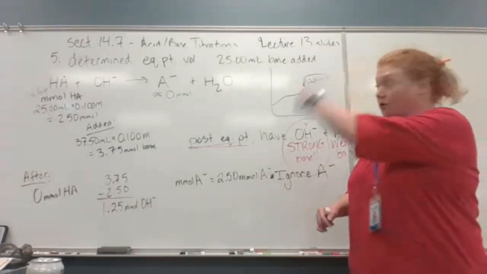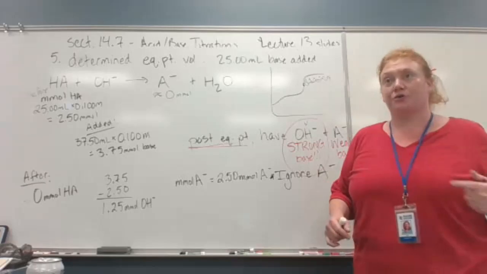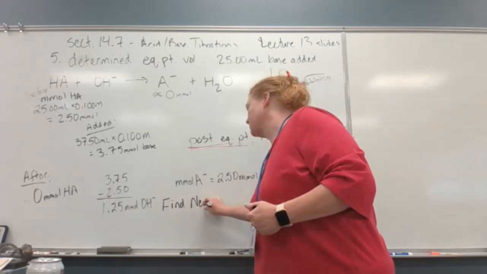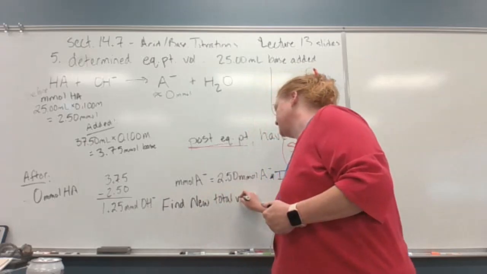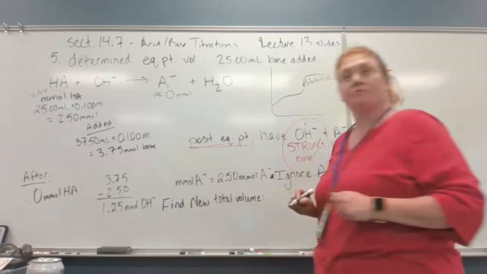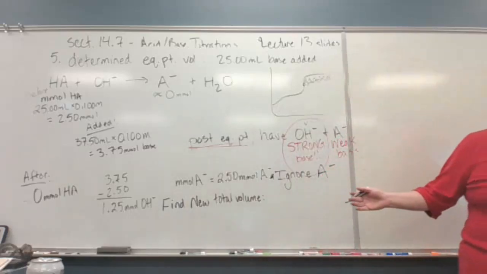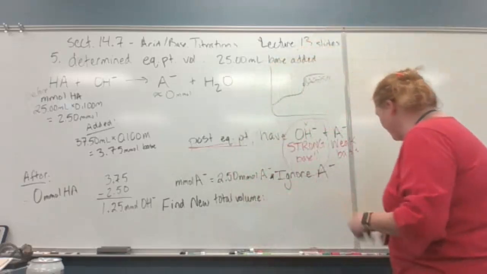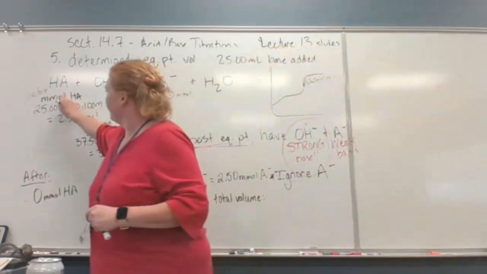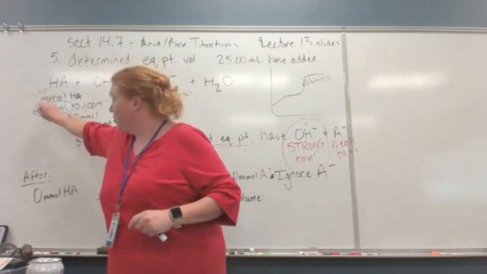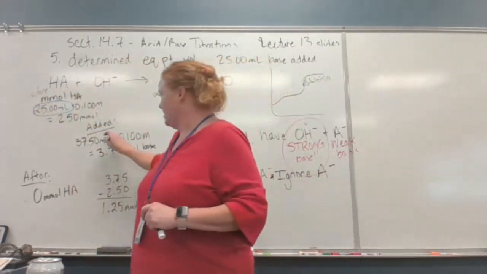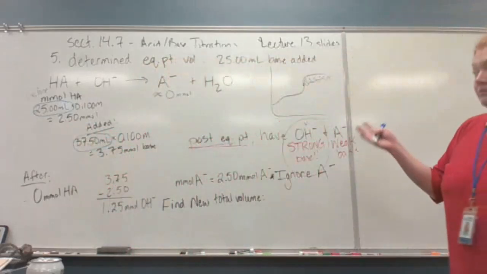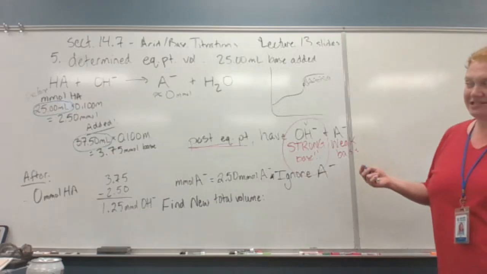So this post-equivalence problem is going to require you to find the new total volume, which is what for this problem? What are the two amounts that I added together in this description? I had 25 mils of weak acid to start, and I added 37.5 mils. So new total volume, 62.5.